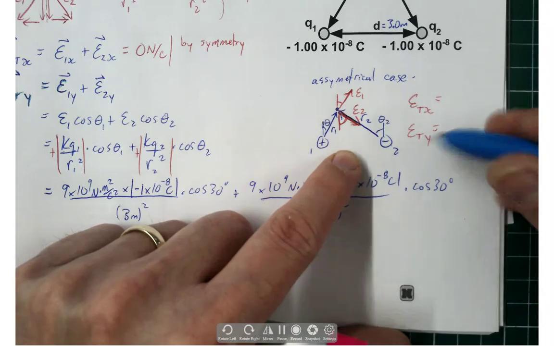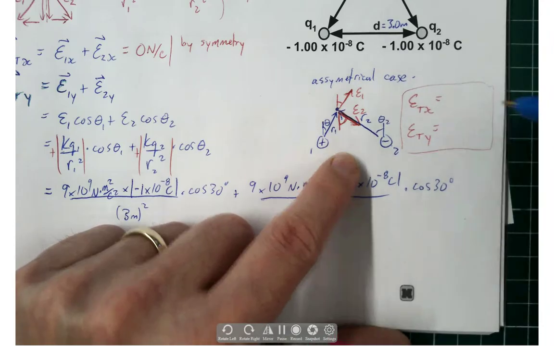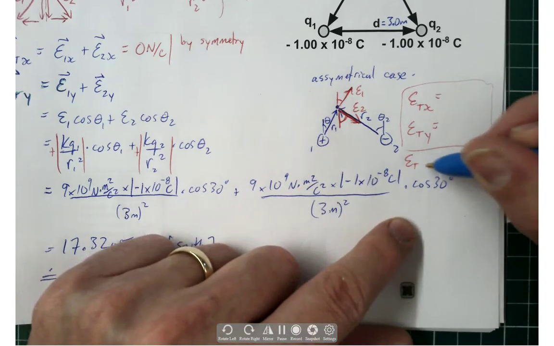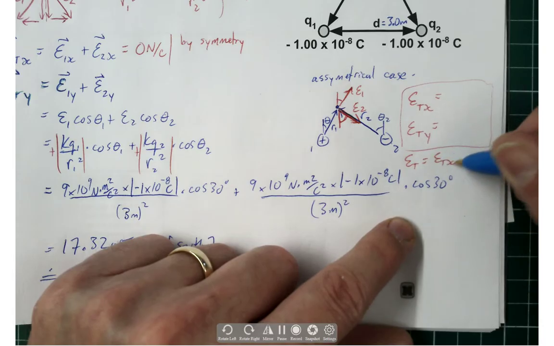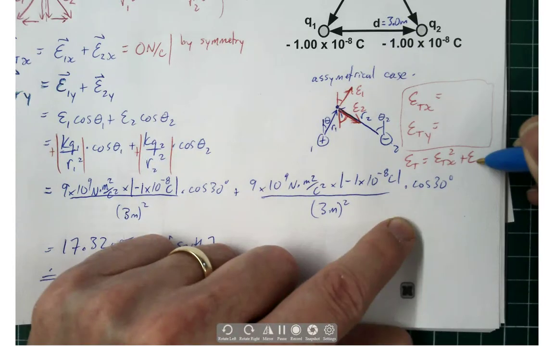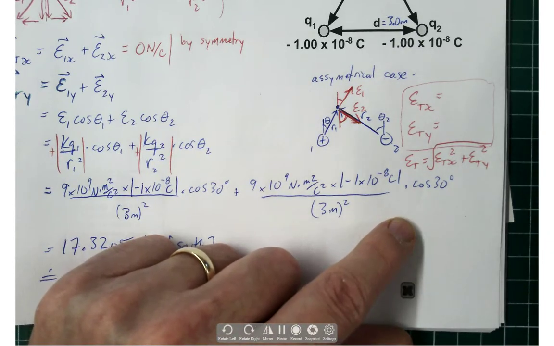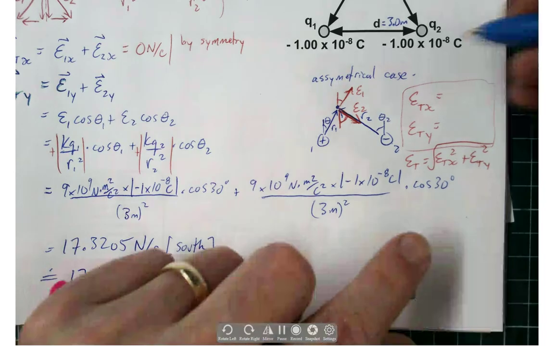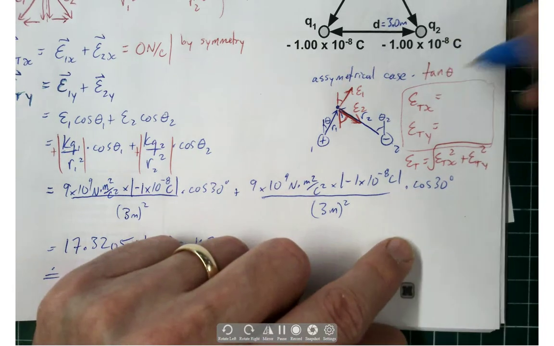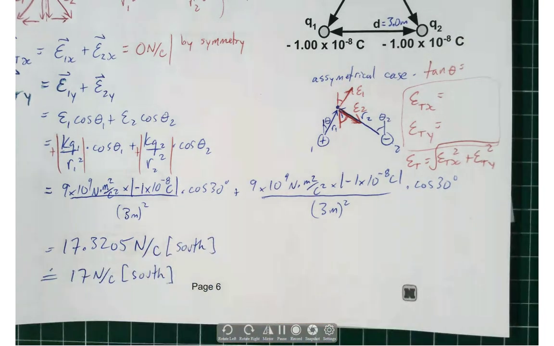And then you would use your epsilon total in the X direction and the Y direction to get epsilon total equals the square root of epsilon total X squared plus epsilon total Y squared. And from that triangle, you'd use tan theta to also figure out the angle of orientation of the resulting electric field. Okay? So at this stage, I don't want to hold hands through this solution process.